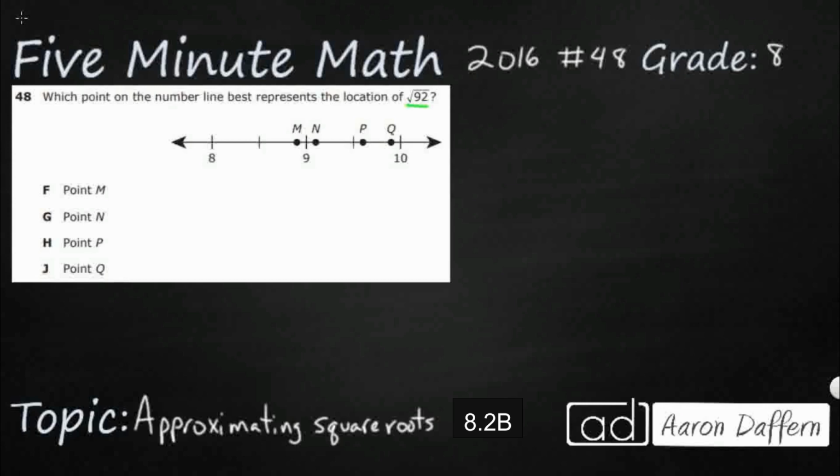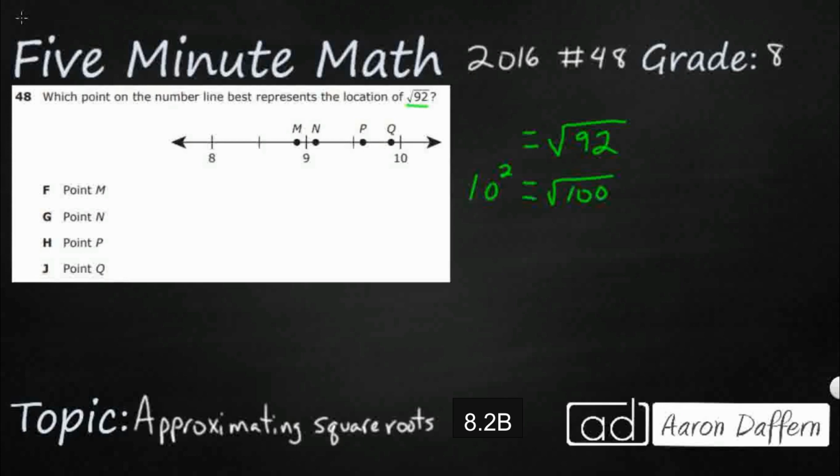First, we're going to put 92. What we're going to do is find the square that is below it on a number line and the square that is above it on a number line. So the next square above it that I can think of is the square root of 100, which is the same as 10 squared, right?